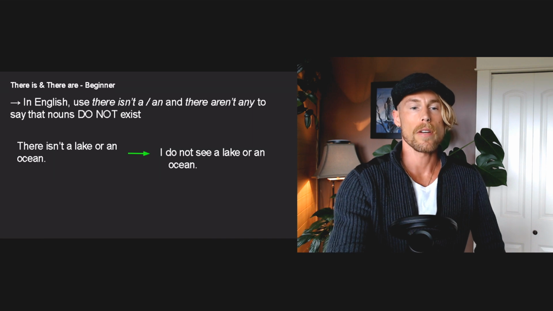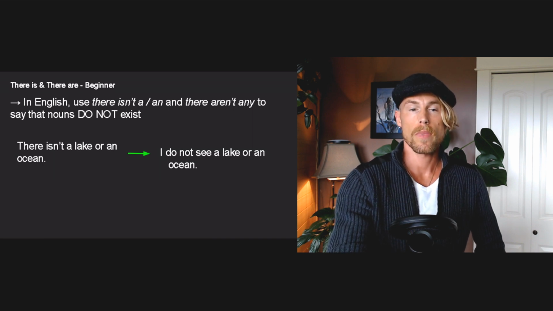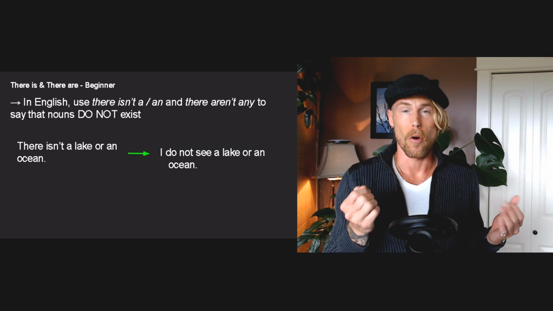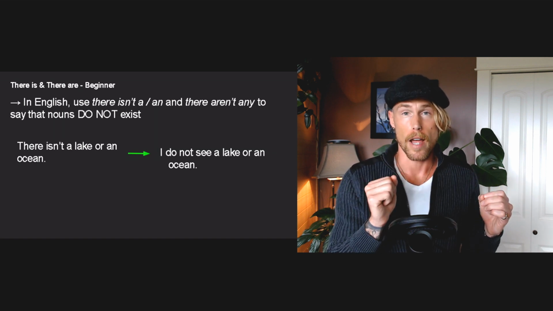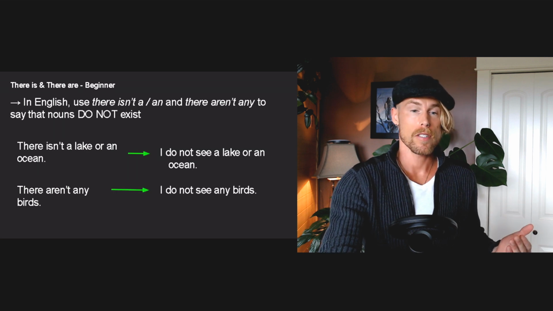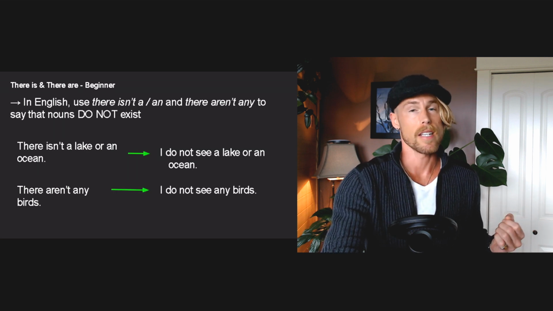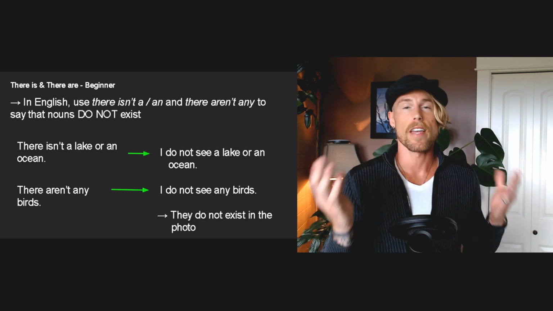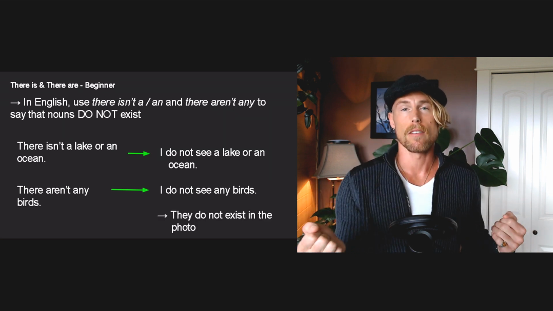So there isn't a lake or an ocean. This means I don't see a lake or an ocean in the photograph. There aren't any birds. I do not see any birds. This means they don't exist in the photo.